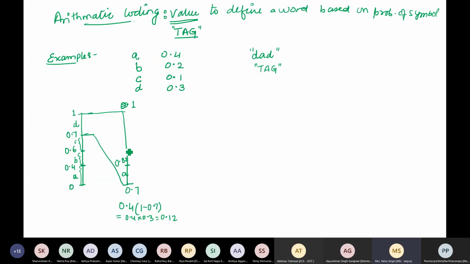What would be the next division? The next division is 0.6 times the entire range. The range is 0.3. I multiply it by 0.6, that is 0.18.